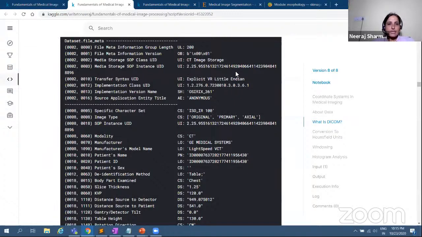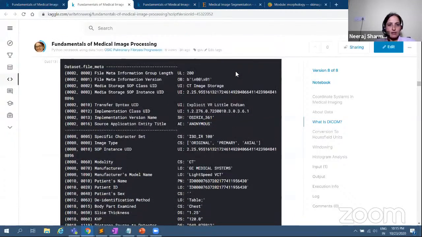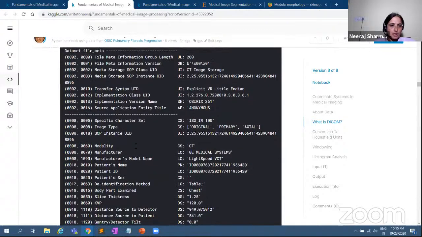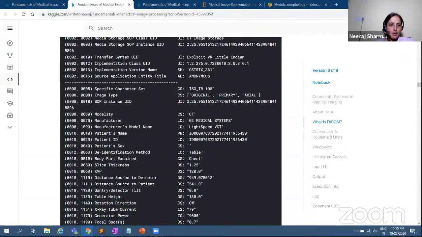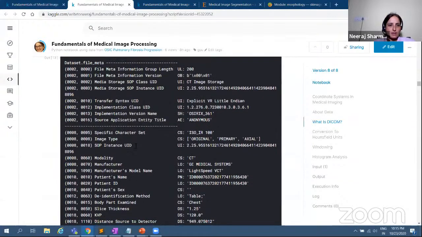We can see this is the differentiating point of DICOM from other images, because it contains a lot of other metadata. This is grouped in different headers. If we see, 0002 is altogether one group, then 0008 is another group. That's how they are grouped in different categories.